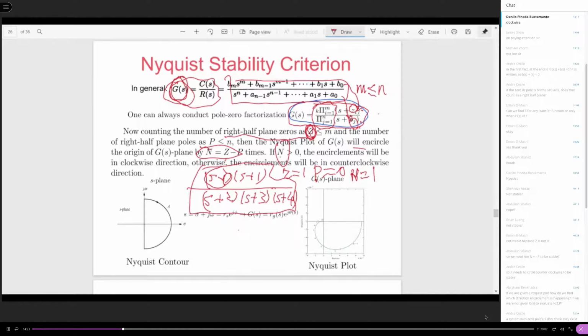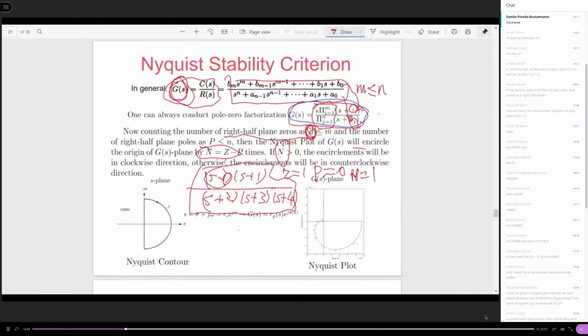So you see, this is very nice. This principle helps us predict what's going on for the Nyquist plot. For stability evaluation, it is this encirclement that matters.